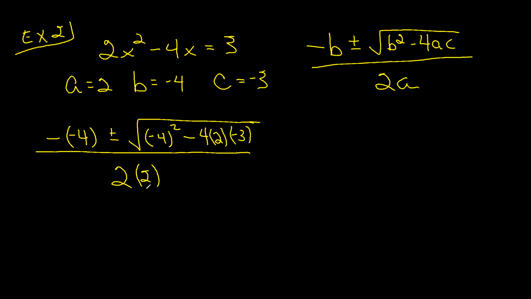All right, so let's come over here and do our square root, and that'll help us out going the rest of the way. So I've got the square root of negative 4 squared, which is 16. And before I put my sign here, I've got negative times negative. That's positive now. So now let's see, I got negative 4 times negative 3 is 12. 12 times 2 is positive 24. Okay. And finally, this ends up being the square root of 40.